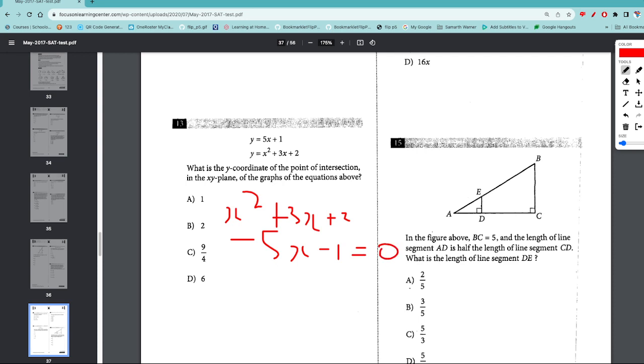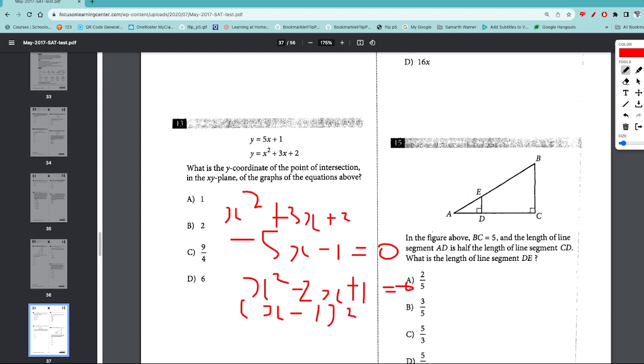Okay, so now we get x squared, just skipping a couple steps here, minus 2x, and then this is plus 2 minus 1, so plus 1 equals 0. So this is x minus 1 the whole squared. Okay, so x equals 1.